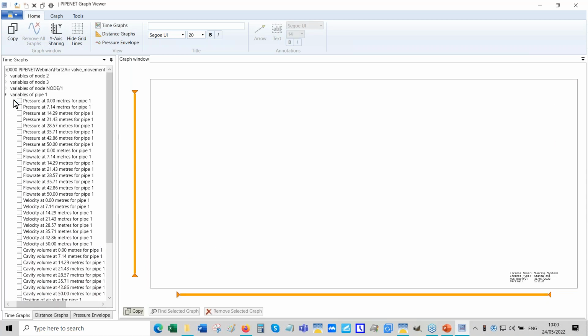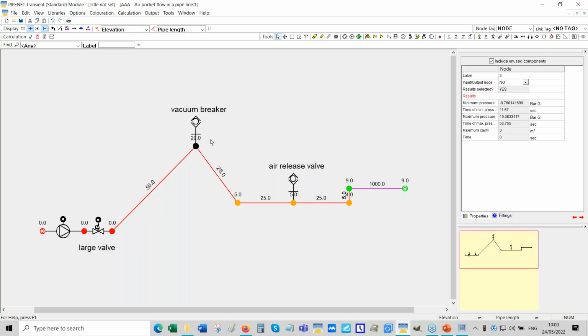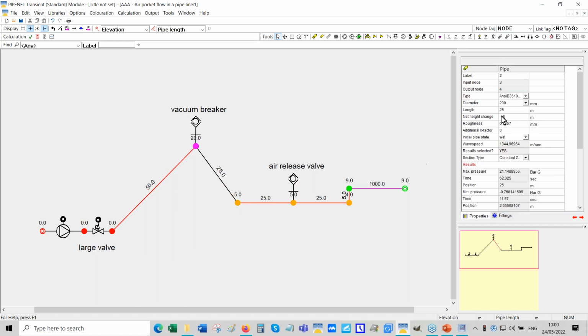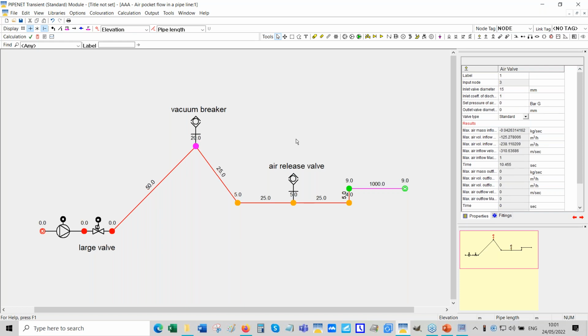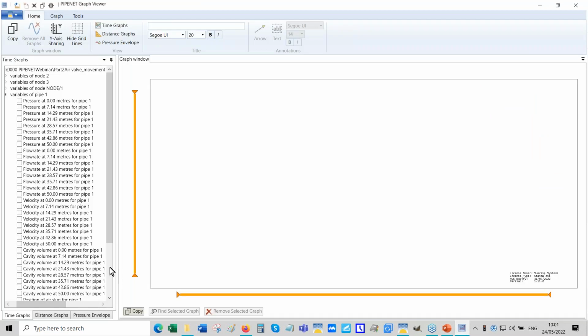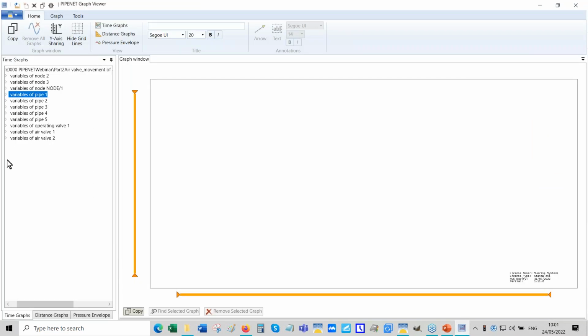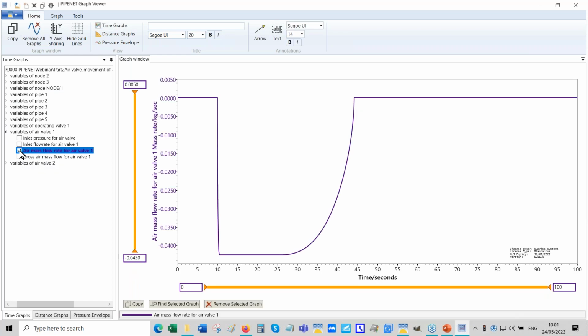We can also look at what's happening here, in particular pipes 2 and 3. I believe this is vacuum break 1, air valve 1, that's air valve 2. We can quickly look at those. Air valve 1, the mass flow rate, let's look at that.